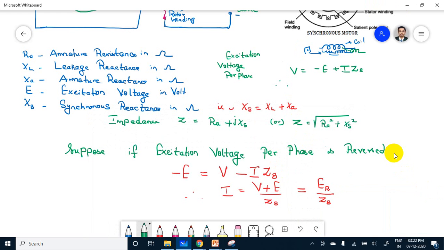Any doubts? Any doubts here? Where the effect of stator magnetic field is nothing but your synchronous reactance Xs. Okay, Xs will be the synchronous reactance. Any clarifications? Any doubts?